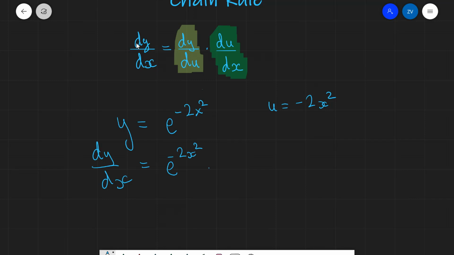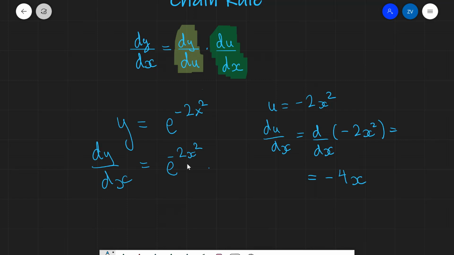Now we're going to need to multiply this by the derivative of the inner function. It's kind of like going from one bit of the chain to the other, hence the chain rule. So we're going to need to differentiate the inside function. This is our outside function. The derivative of the inside function will of course be, let's just write it down in detail over here, du by dx will be equal to the derivative, with respect to x, of minus 2x squared, which is of course going to be equal to minus 4x.